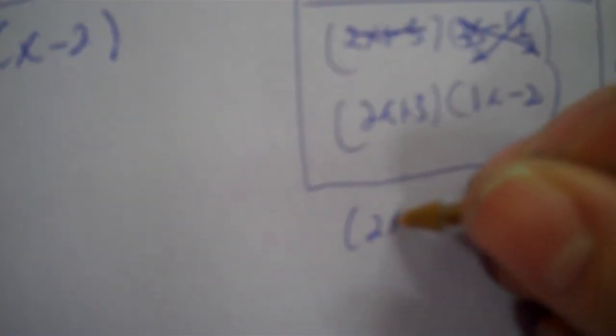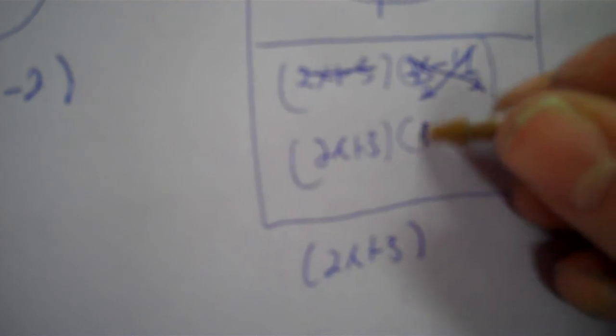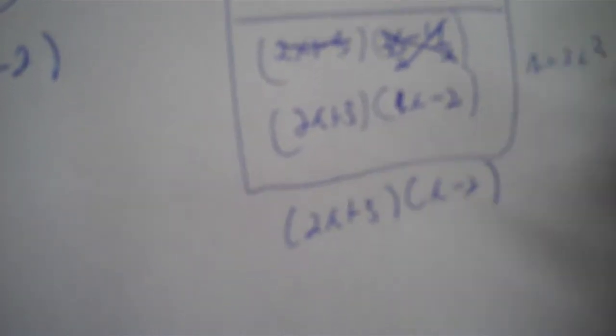You need to simplify them if you can. 1x minus 2. So the 2x plus 3. Get that 1 off, and it's x minus 2. So this becomes this: 2x plus 3, x minus 2.